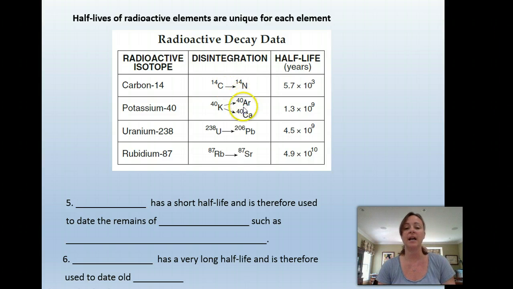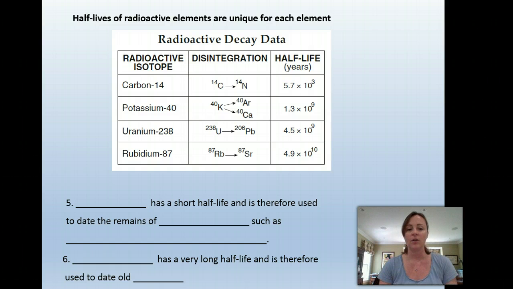So on the right side of the arrows, these are all of the daughter isotopes, or the isotopes that it will change into over time. And this last column tells us the half-life, or the number of years that that parent isotope takes to break down 50% into the daughter element.